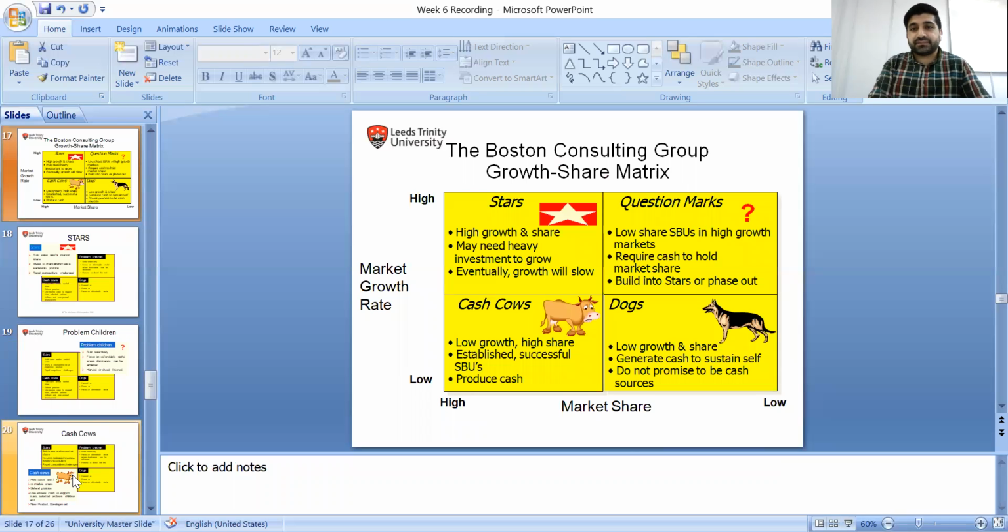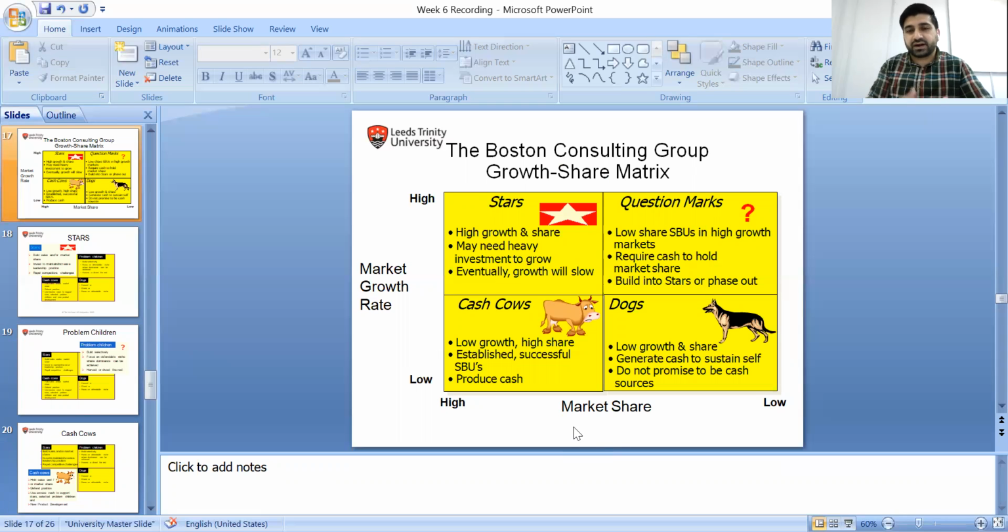Boston Consulting Group growth share matrix. This is very important for today's lecture. Market growth rate: how we can check what stage our business is at. Here we can see there are 4 stages, with market share on the vertical axis and market growth rate on the horizontal.